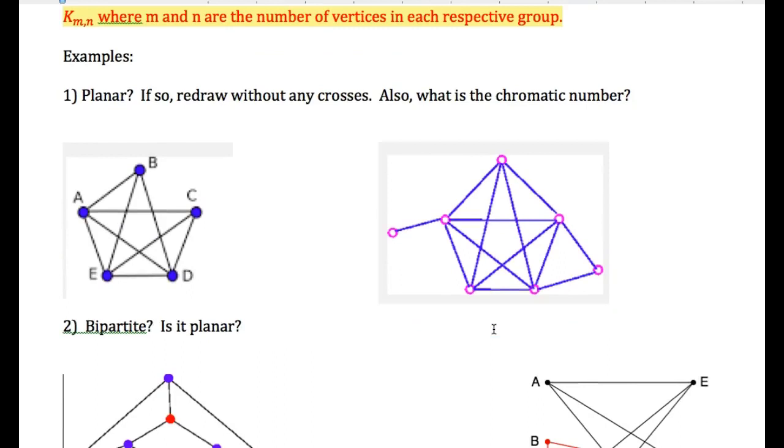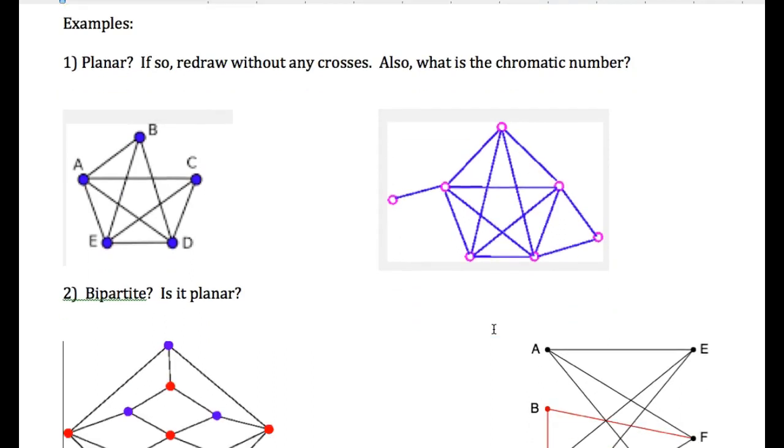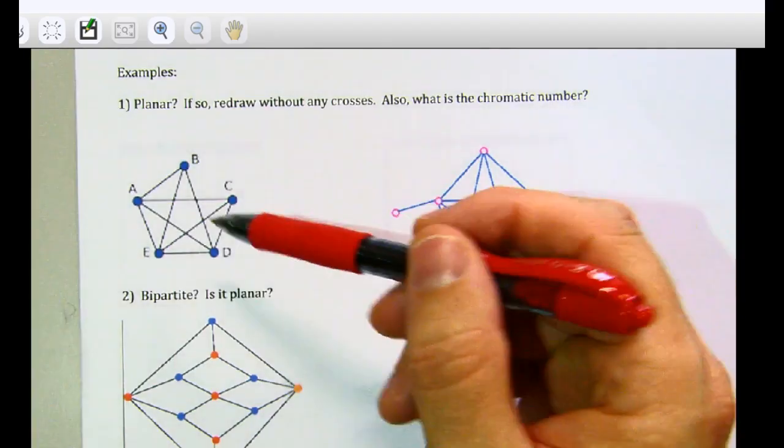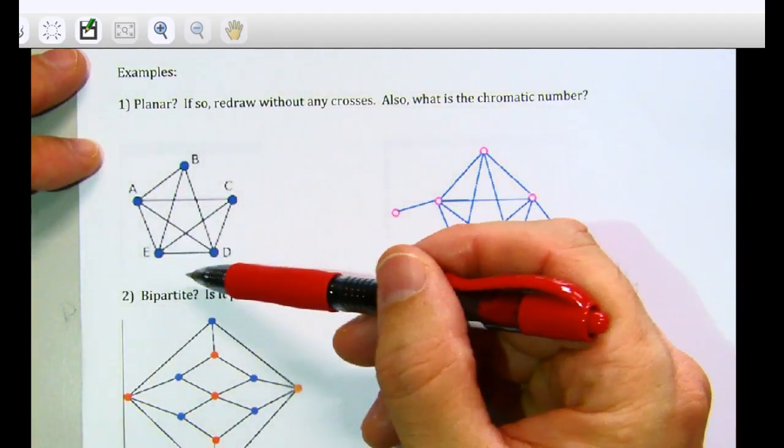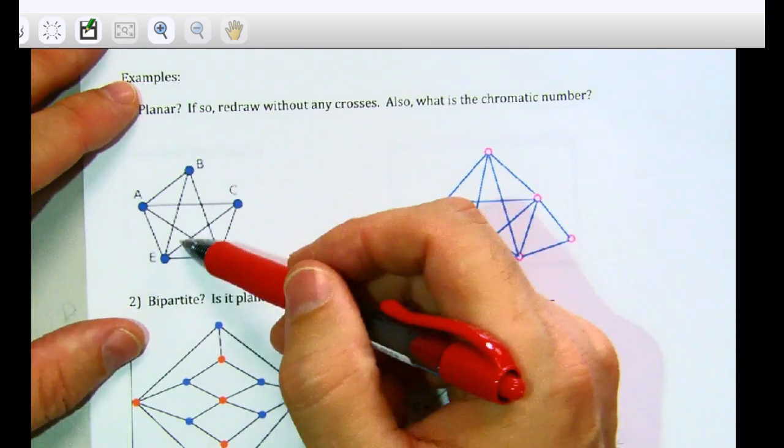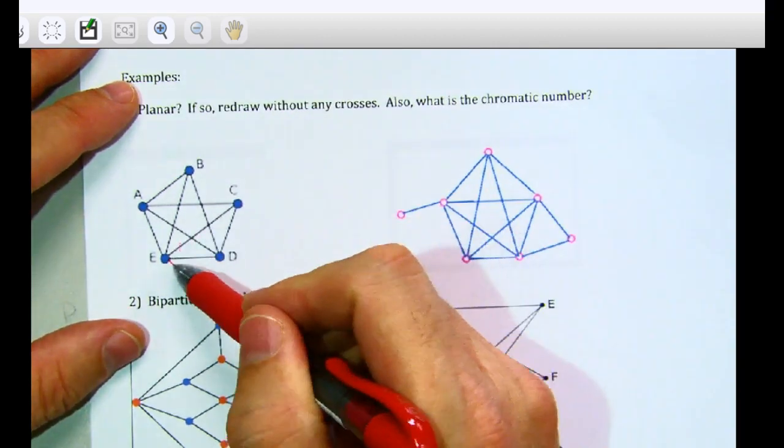All right, examples. Are these planar? I'm going to have to go to the drawings here to try to figure this out. This looks like a K5, but it's missing one edge. Does that one edge make a difference to try to deal with this? Well, let's find out. So if I start treating this one like it is elastic bands, I could do that. So I could take this edge right here and bring it over here.